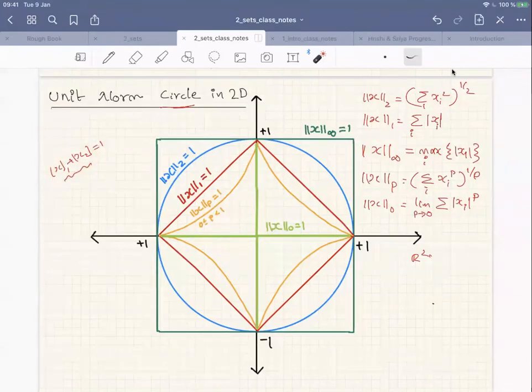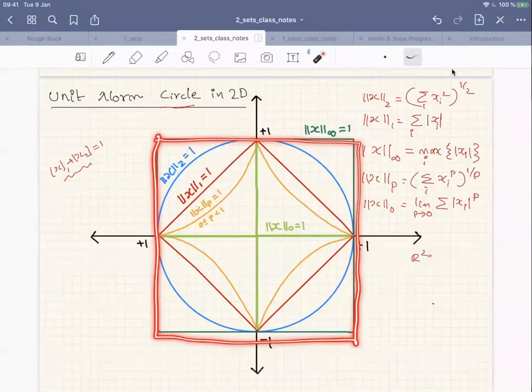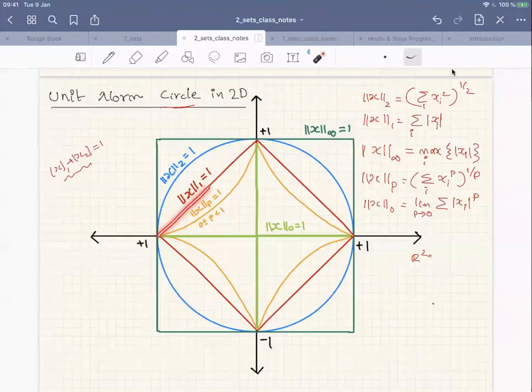If you consider different cases, like x1 is negative, x2 is negative, you will get different equations of line. Then you can draw this, okay? And also you can verify that the infinite norm has this locus. And so this is the one norm.